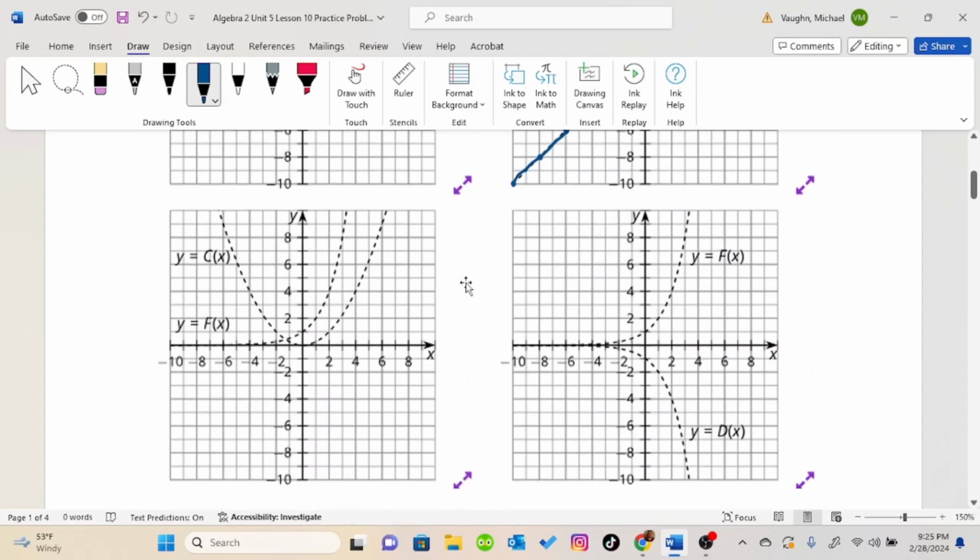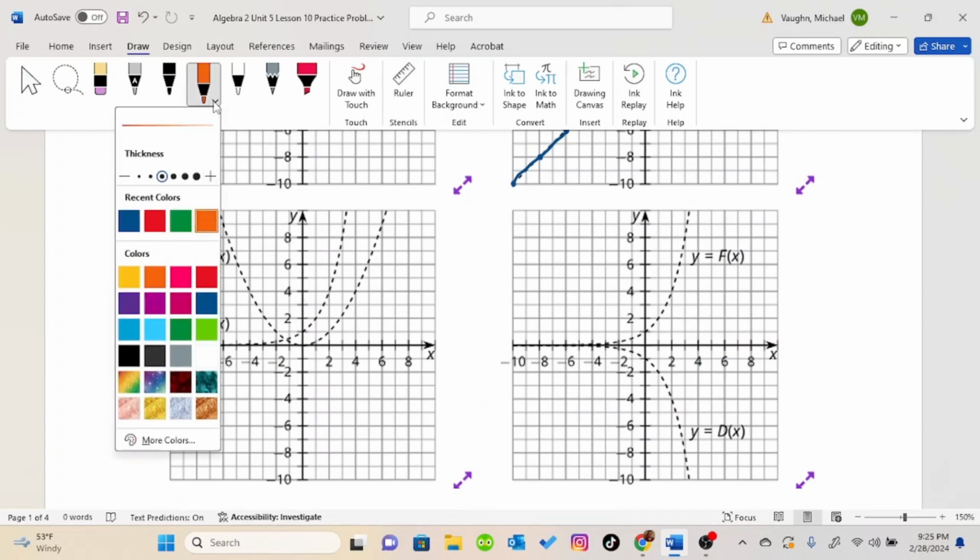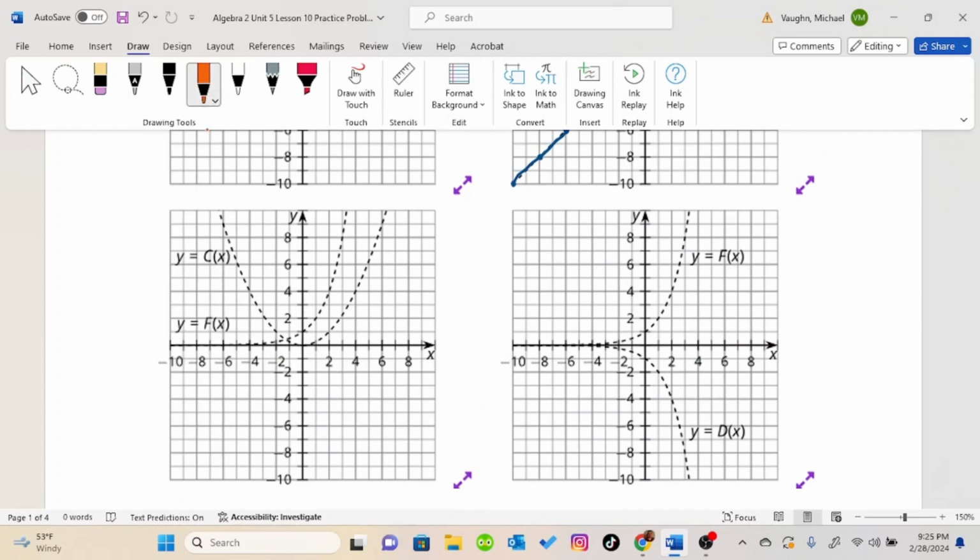Now we look at the bottom left. At -6, we have 0 plus 9 equals 9. At -5, we have 0 plus 6 equals 6.